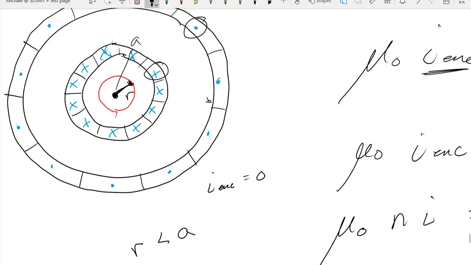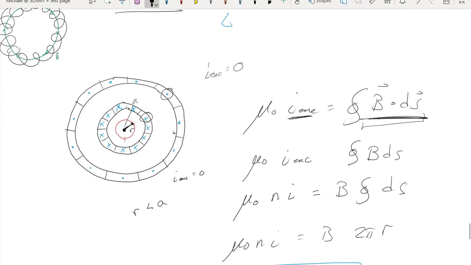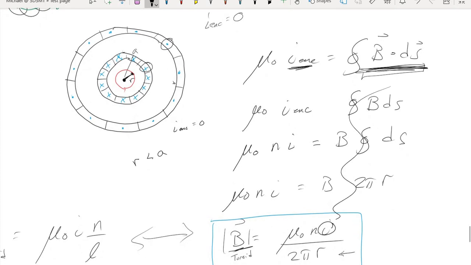None. Because there is no current in the very center of that toroid for you to enclose. And again, with no current enclosed, there's no point in trying to solve for the magnetic field because it's going to be zero. The only place where we're going to find a magnetic field for the toroid is going to be between the physical limitations of those loops.